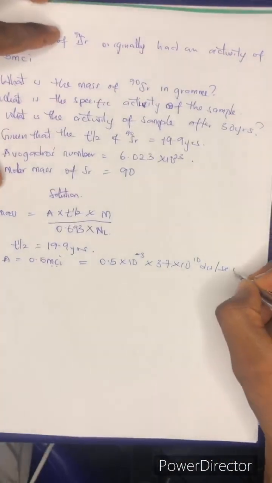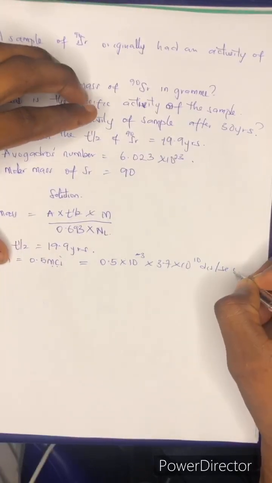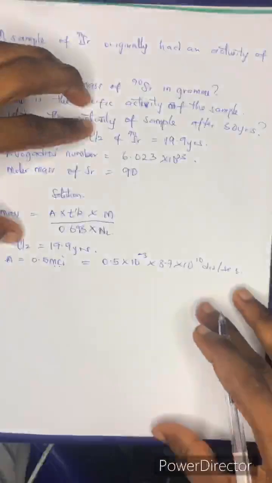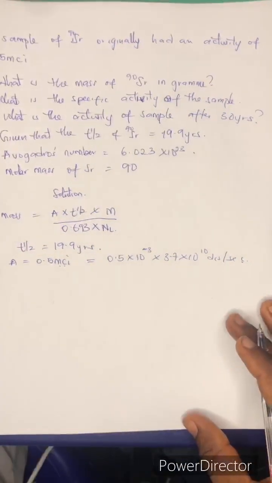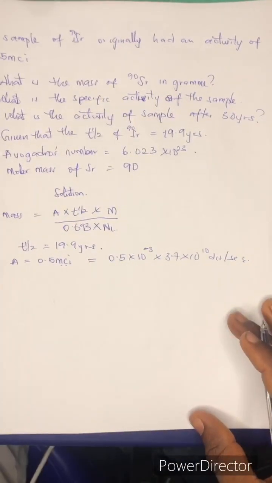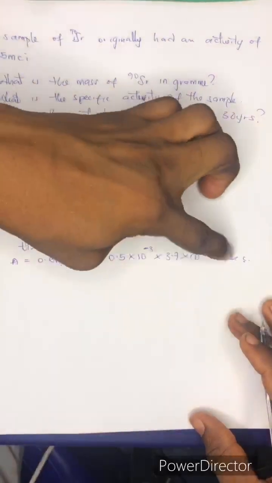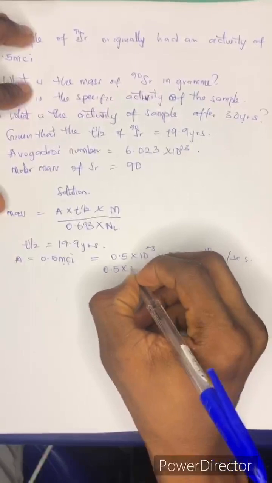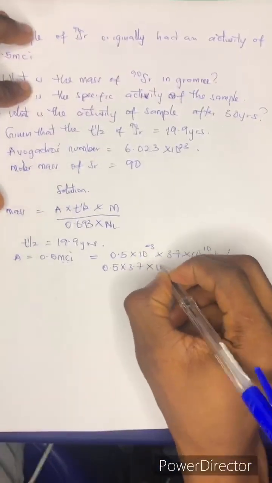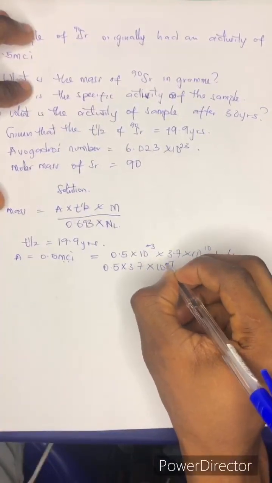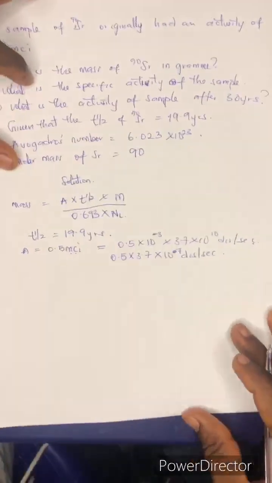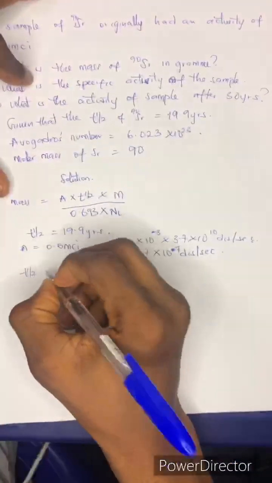Since we have our activity in seconds, we have to convert our half-life to seconds. So this should be the same thing as 0.5 times 3.7 times 10 to the power 7 disintegrations per second. So what we have to do now is convert our half-life to seconds.